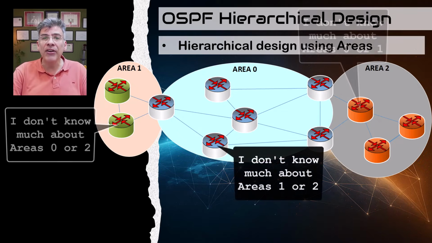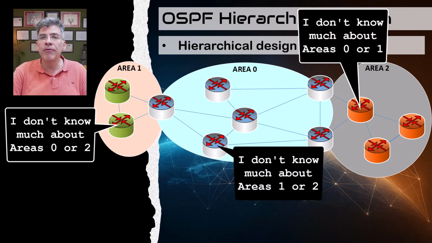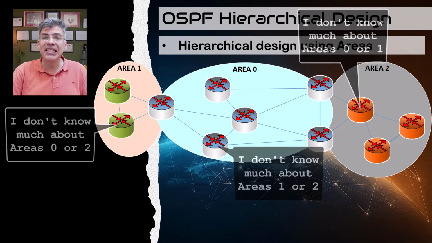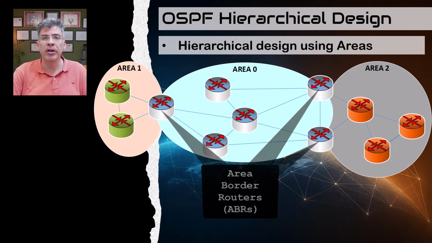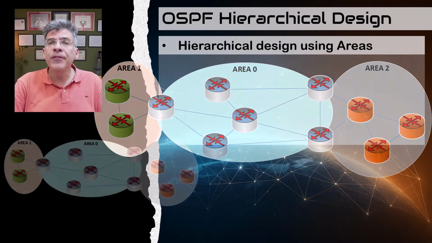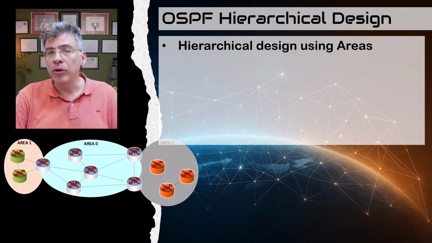Routers within an area have no detailed knowledge of routes in other areas. Area border routers connect different areas and facilitate the exchange of summarized routing information, improving efficiency and minimizing unnecessary detail across the network. Now, there are a few rules that must be followed whenever creating these areas.